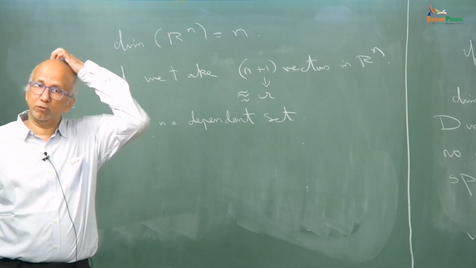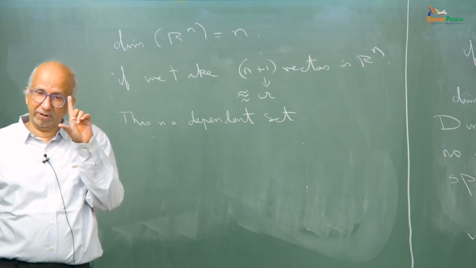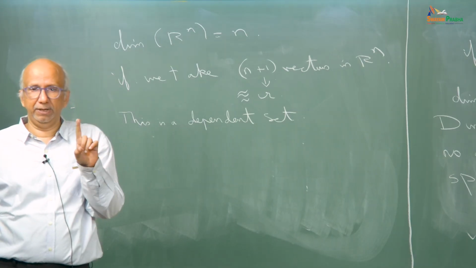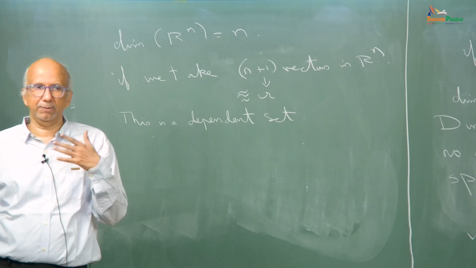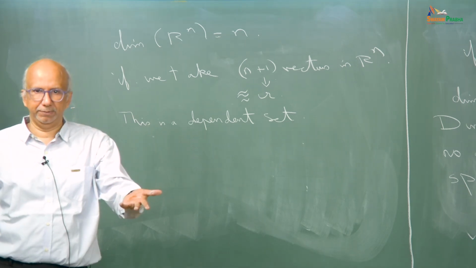So, if I can prove that I can have n independent vectors in Rn, then that has to be the dimension, because that is the maximum. N plus 1 I know is dependent.